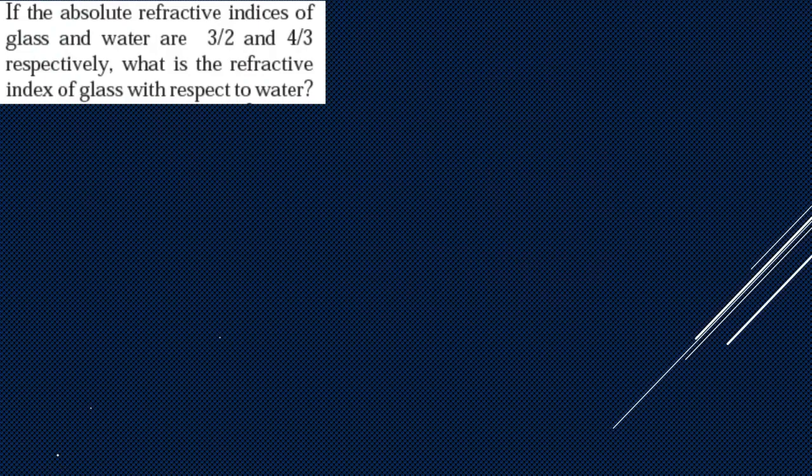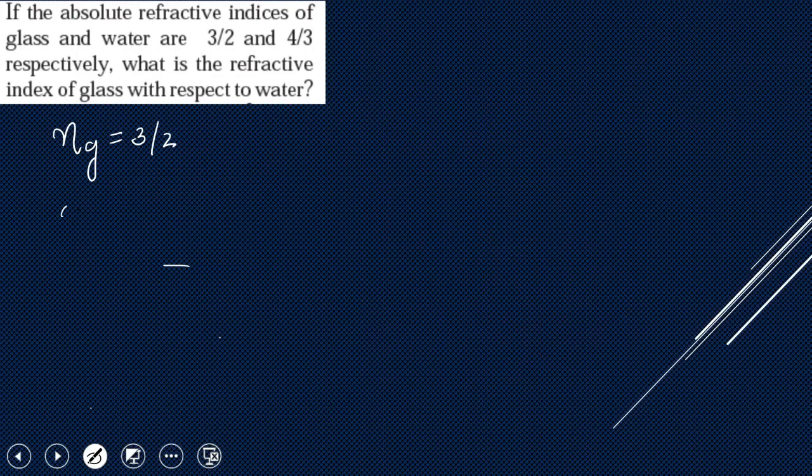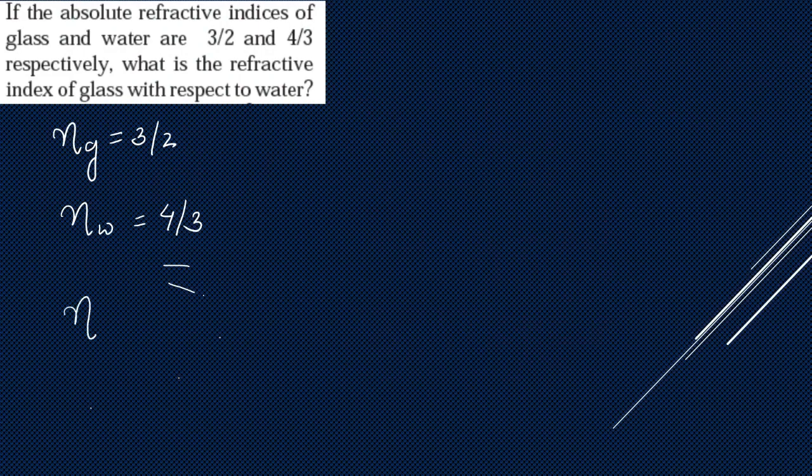Now, this one is a good question. If the absolute refractive indices of glass and water are given, the refractive index of glass is 3 by 2 and the refractive index of water is 4 by 3. We need to find the refractive index of glass with respect to water.